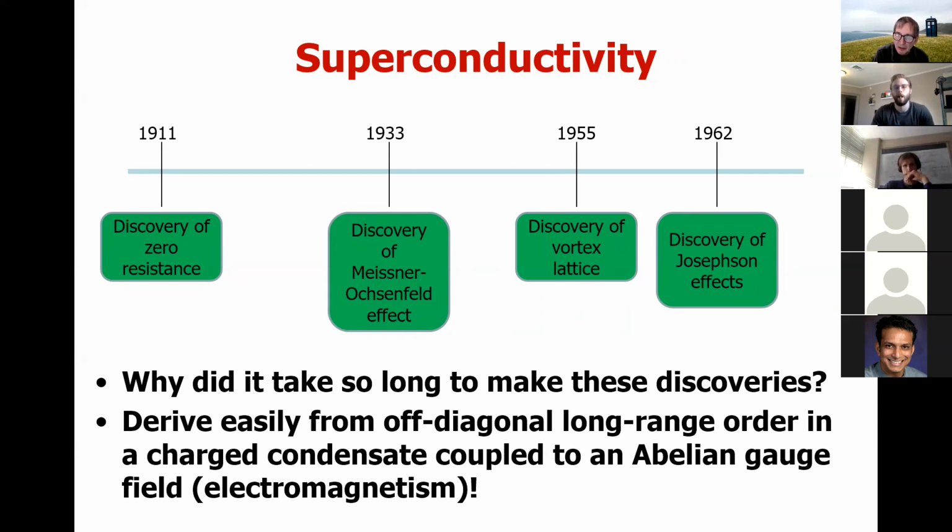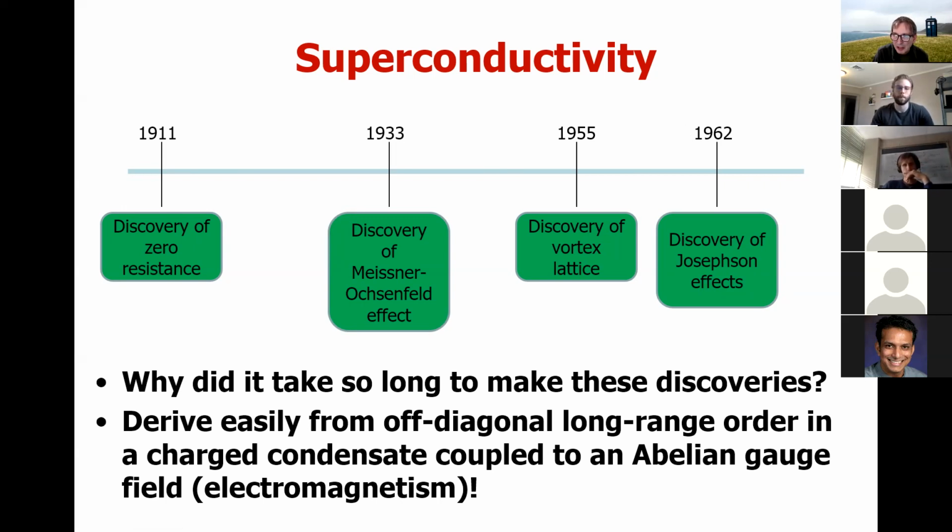Now, the question I want to ask is, why did it take so long to make these discoveries? This was 1911, 1933, 1955, 1962: 20 years from here to here, 20 years from here to here, 10 years from here to here. Why did it take so long?